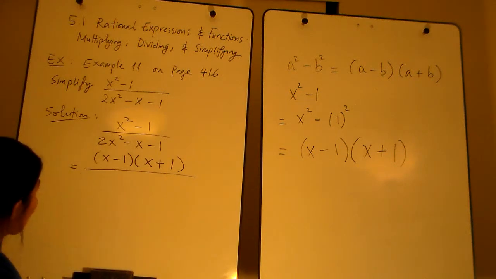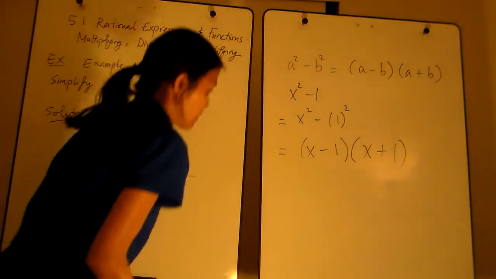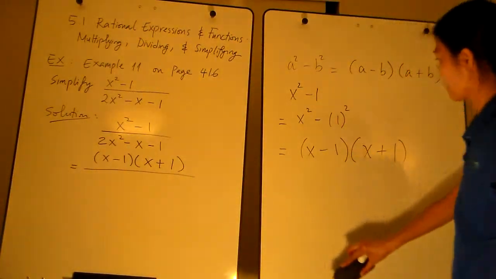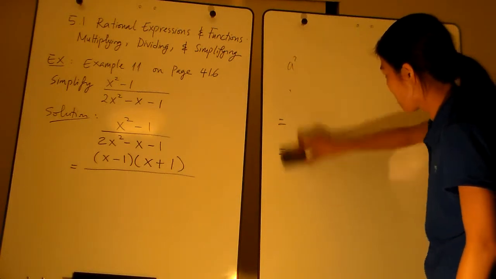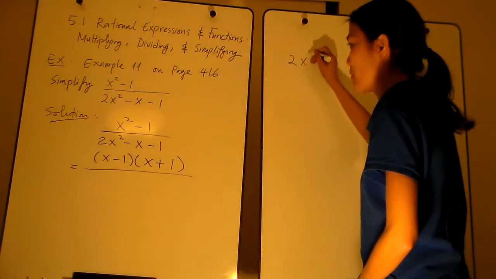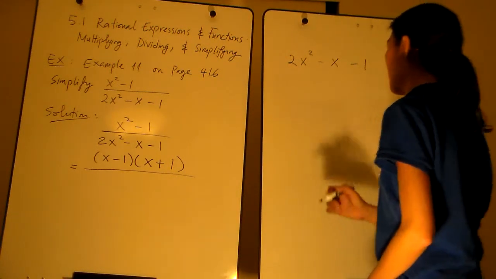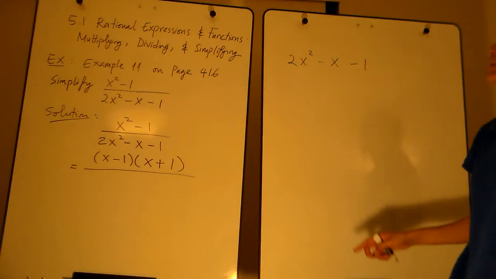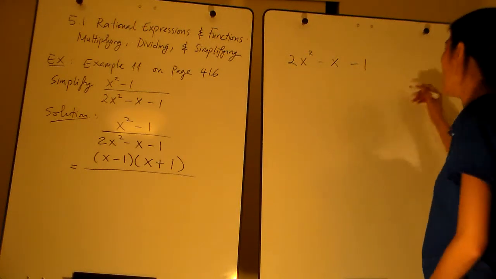Now how about this trinomial, 2x squared minus x minus 1? 2x squared minus x minus 1. This is the case where the leading coefficient 2 is not equal to 1.